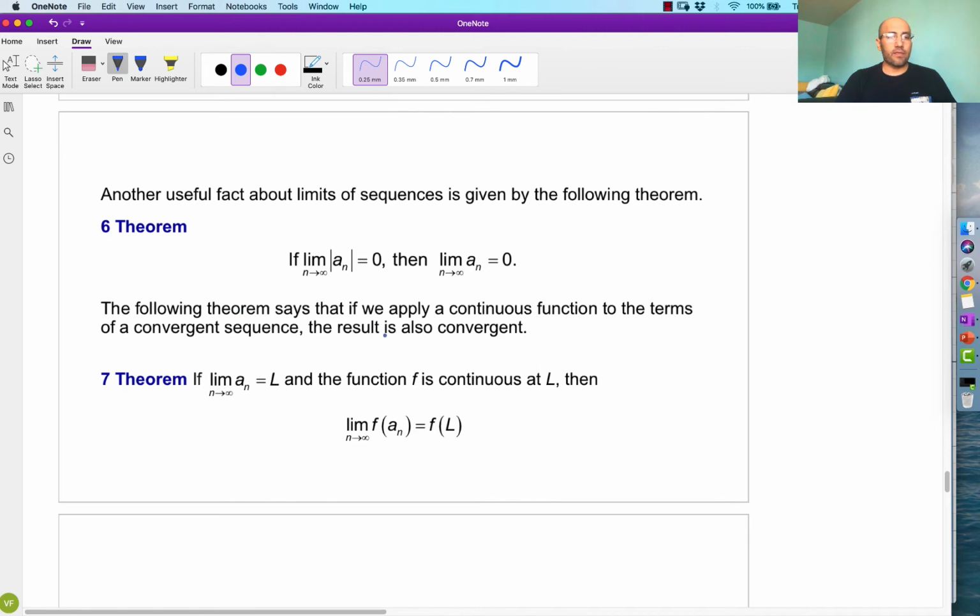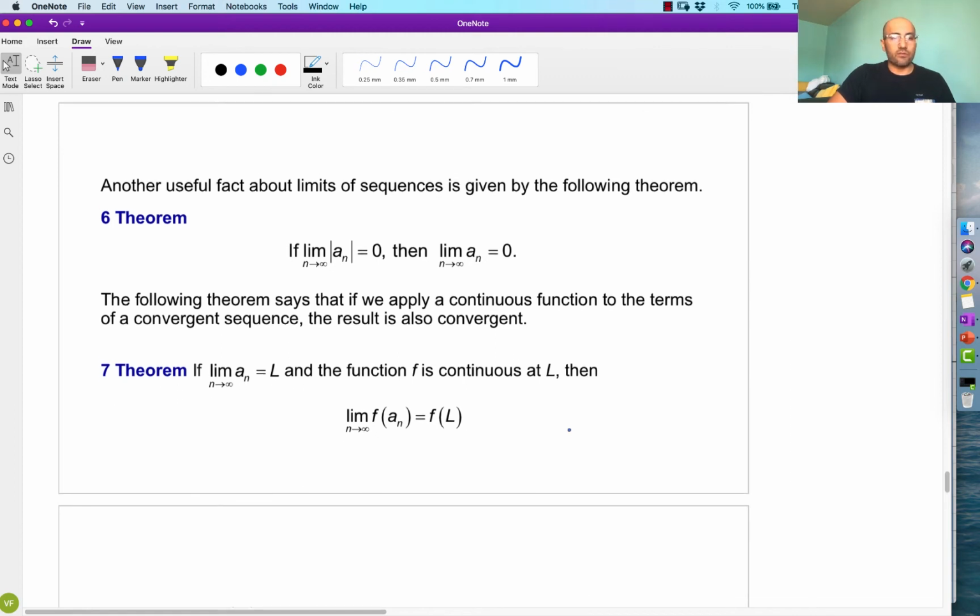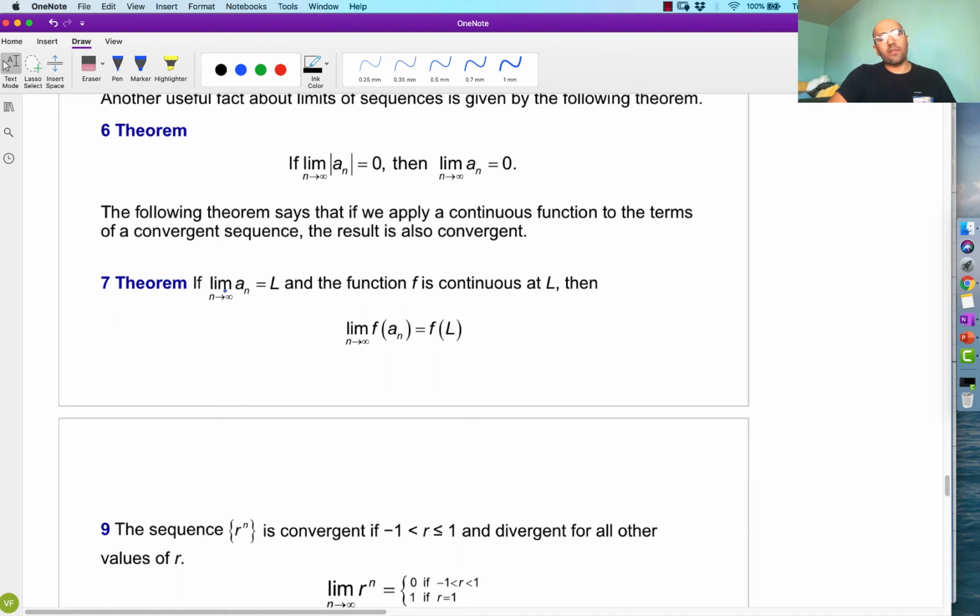The following theorem says that if we apply a continuous function to the term of a convergent sequence, the result is also convergent, right? So this one's very useful. If the limit as n goes to infinity of a sub n equals L, and the function f is continuous at L, then the limit as n goes to infinity of f of a sub n is equal to f of L, right?